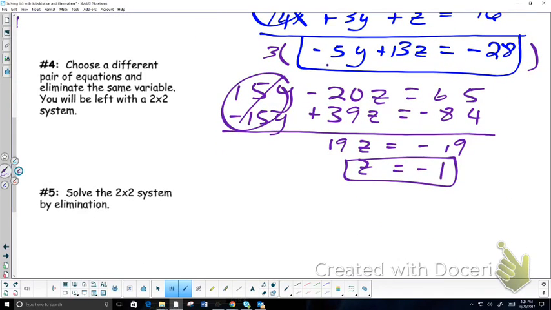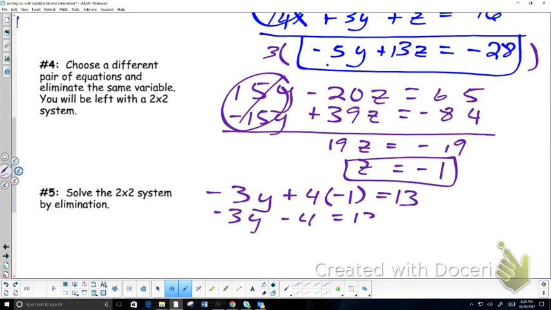So let's see, we got negative 3y, hold on, I lost my piece of paper, plus 4 times z, which is negative 1, equals 13. So that's going to give me negative 3y minus 4 equals 13.